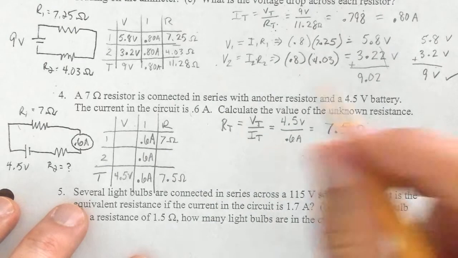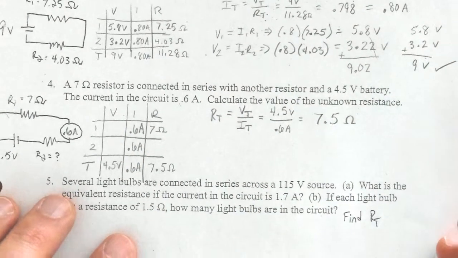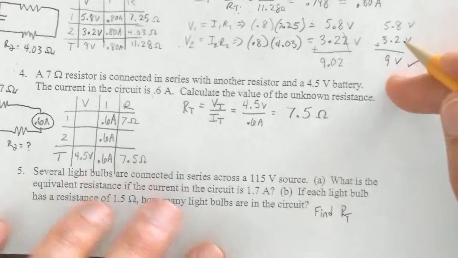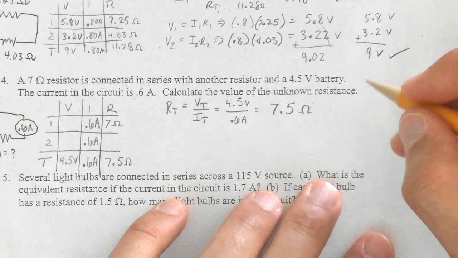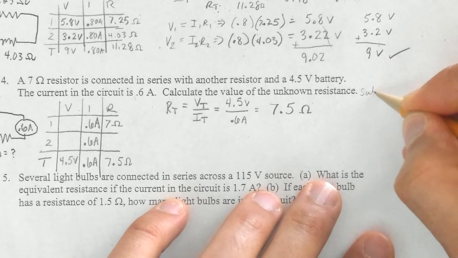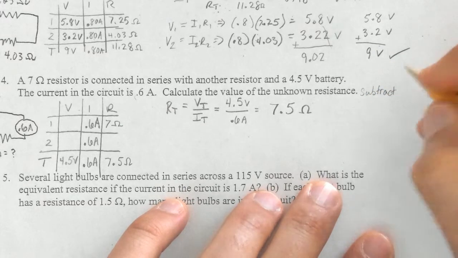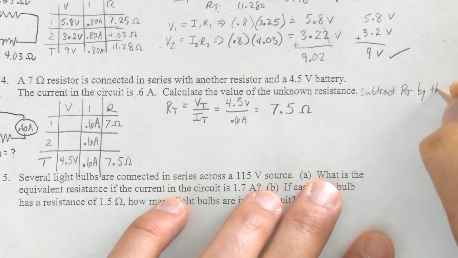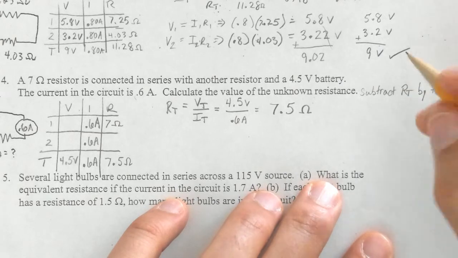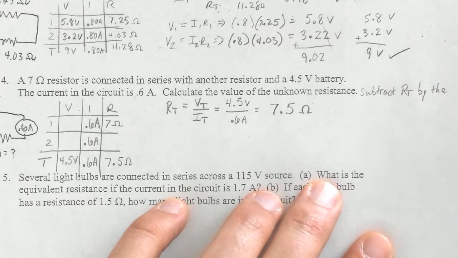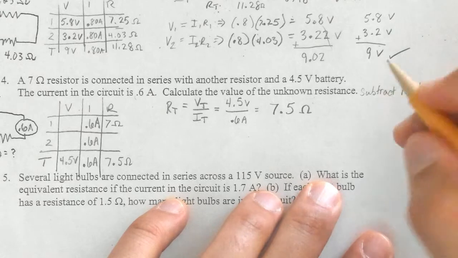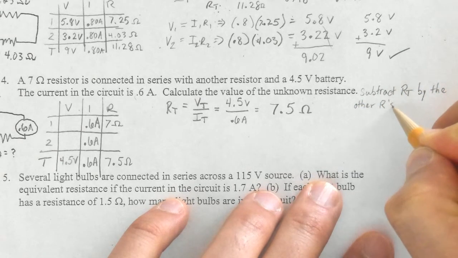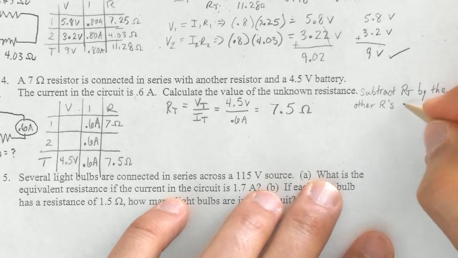This should be pretty self-explanatory, but I'm just going to write a little side note for it. You're going to subtract from RT the other resistors' values to get the missing value.